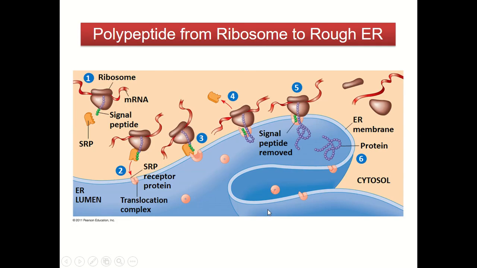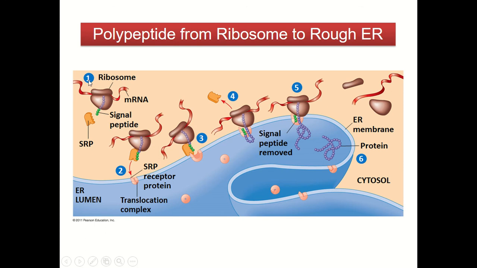Okay, remember I told you that the protein is synthesized either at the cytoplasm or the endoplasmic reticulum. So before this, we have learned about the translation process that occurs in the cytoplasm, where the protein is released in the cytoplasm, right?